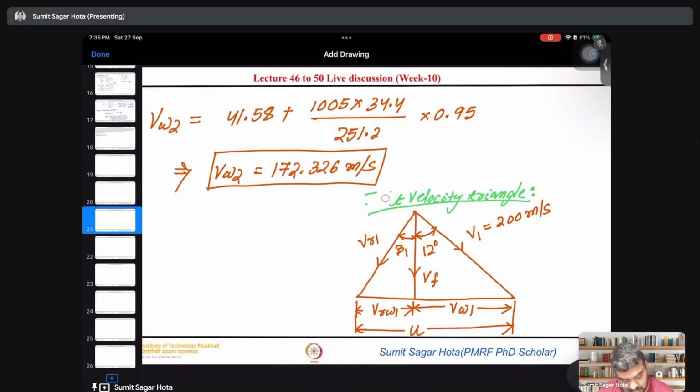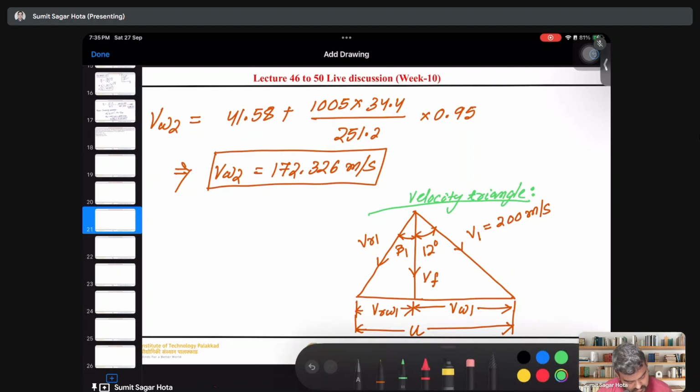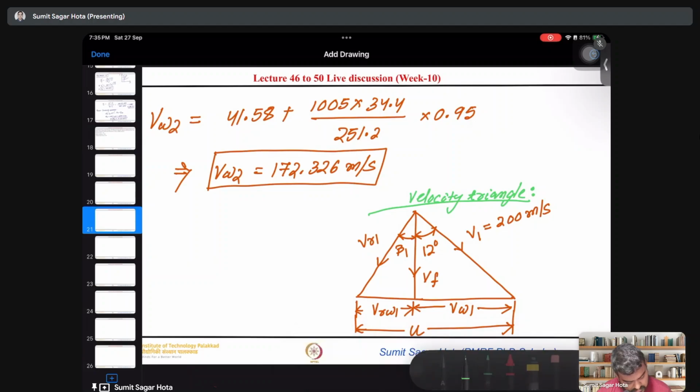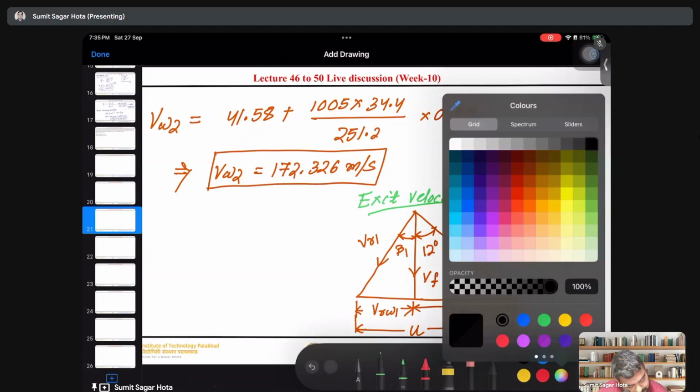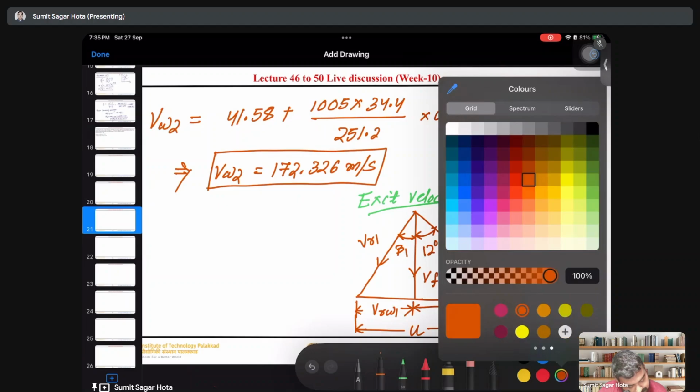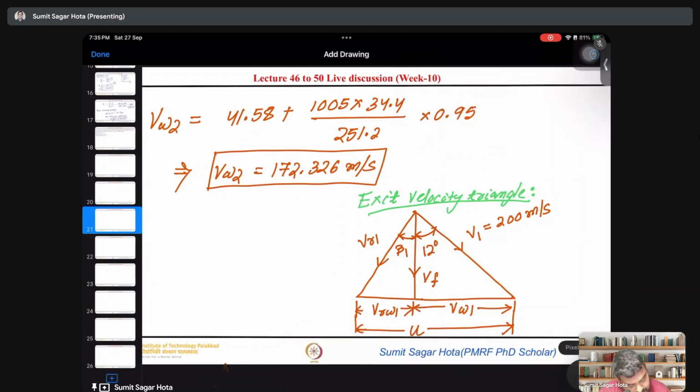So now let's draw the exit velocity triangle. For exit, we represent all terms in terms of 2.